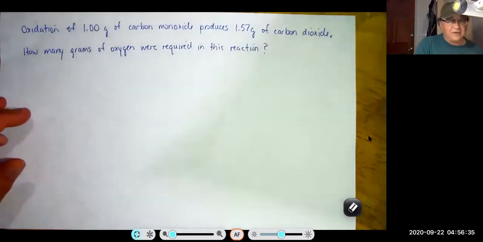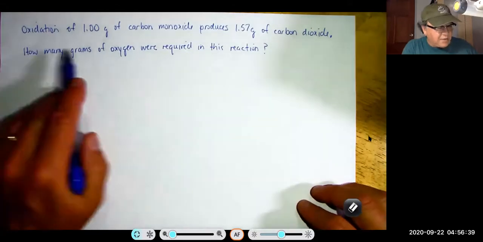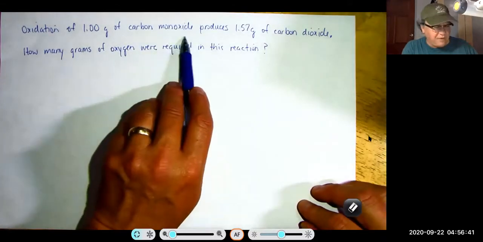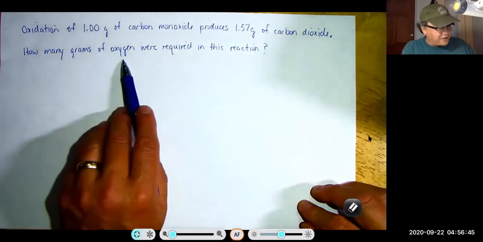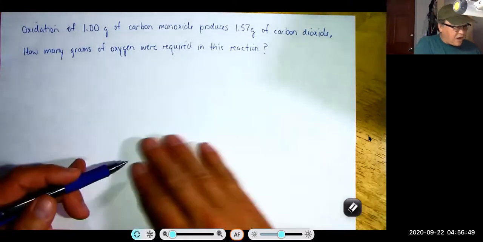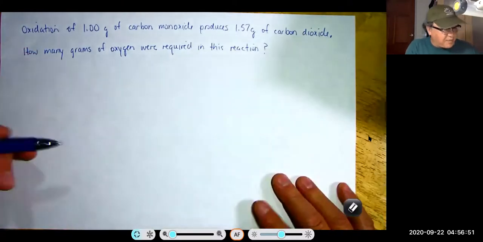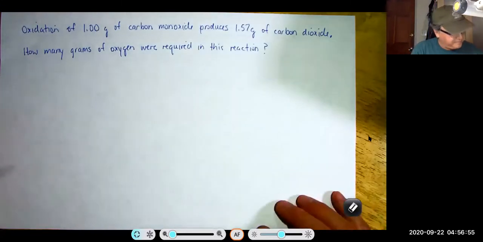Let's take a look at another one of these. Oxidation of 1 gram of carbon monoxide produces 1.57 grams of carbon dioxide. How many grams of oxygen were required in this reaction? So oxidation of carbon monoxide means the reaction with oxygen, okay?